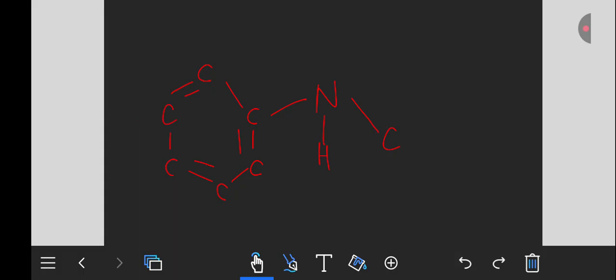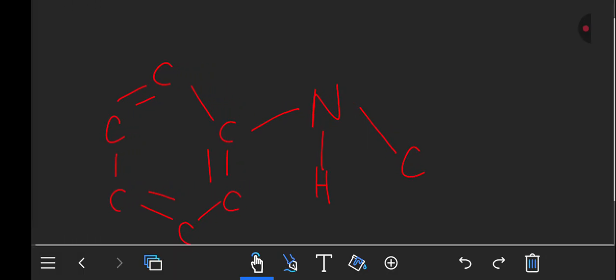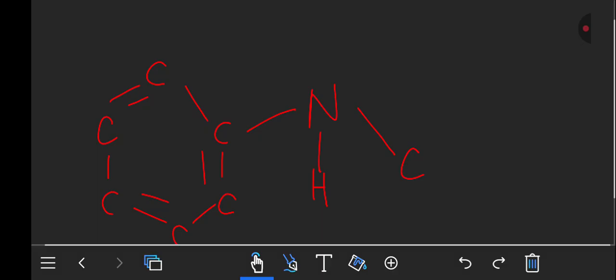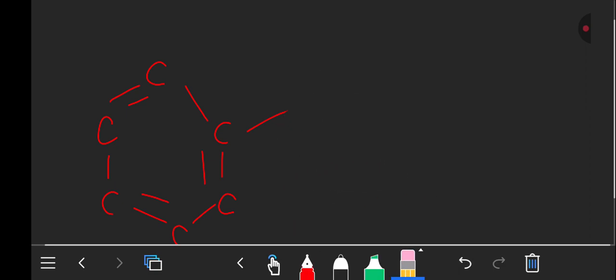Okay, so the part, let me get rid of this, then I draw it nicely.